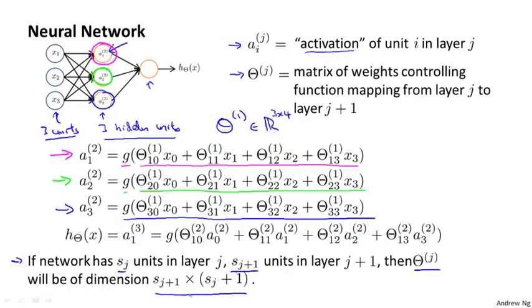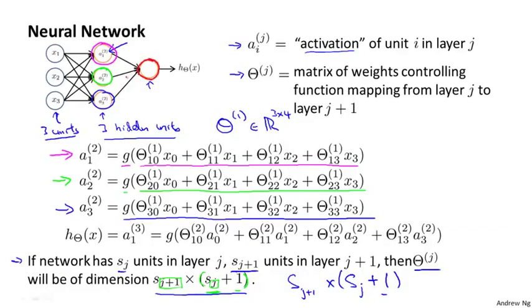Just to be clear about this notation: this is s subscript j+1, and that's s subscript j, and then this whole thing plus 1. So that's s_(j+1) by (s_j + 1), where this plus 1 is not part of the subscript.